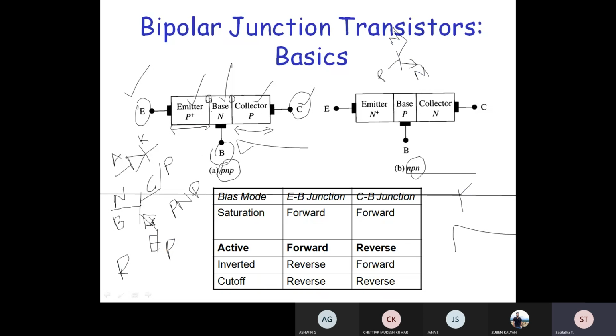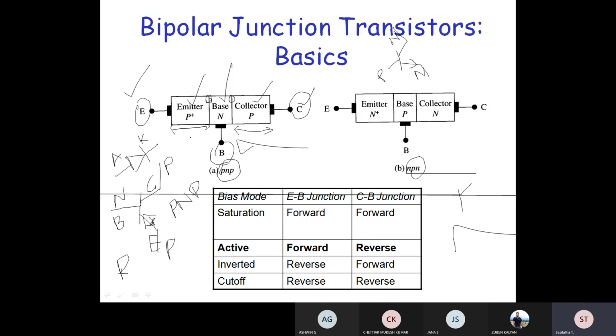in a PNP transistor, the current conduction is mainly due to holes. Holes are majority carriers. P plus represents that there are more holes in the emitter. P represents holes available in the collector. It's a semiconductor, and it's also a semiconductor. In between these 2 p-type semiconductors, we have the n-type semiconductor.